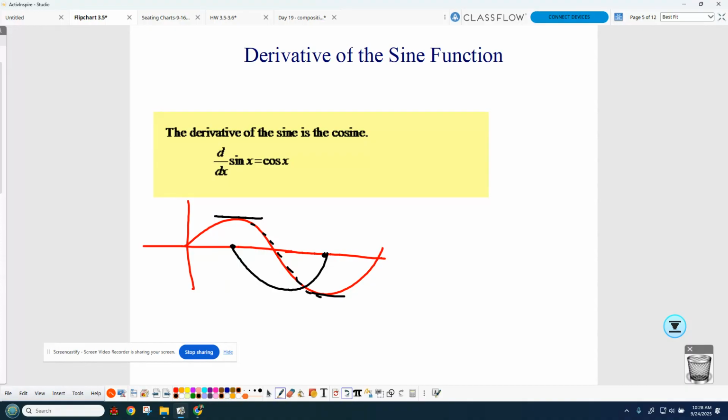This slope was positive. So the red curve, its derivative is the black curve. Derivative of sine is cosine. All good?